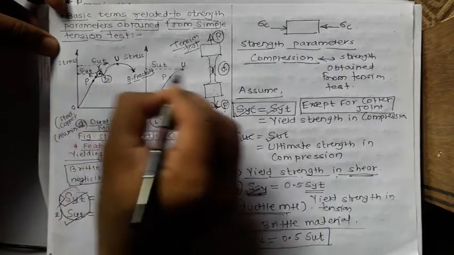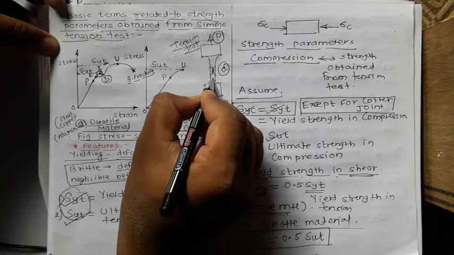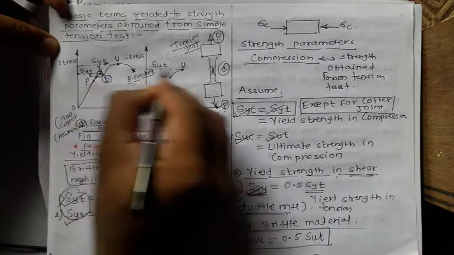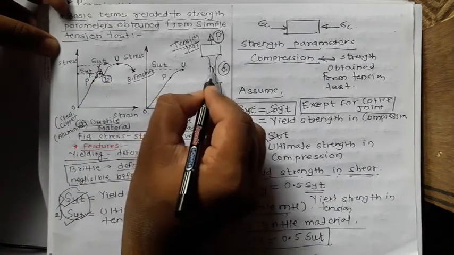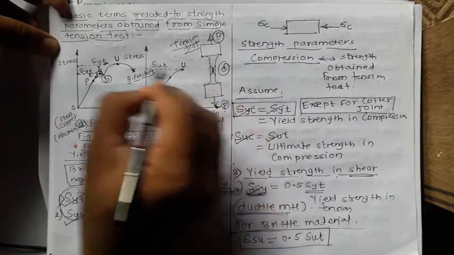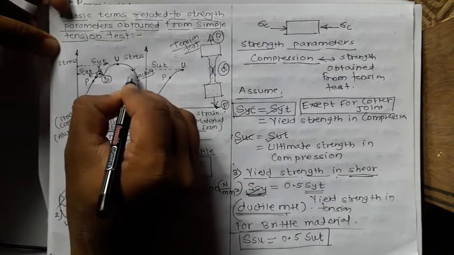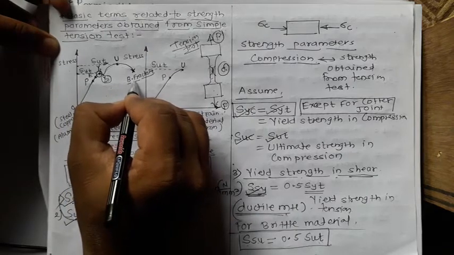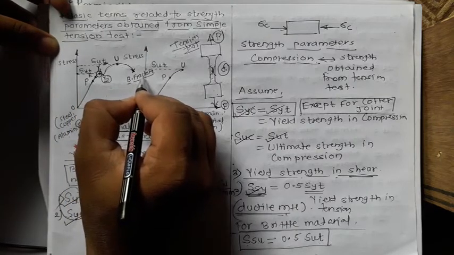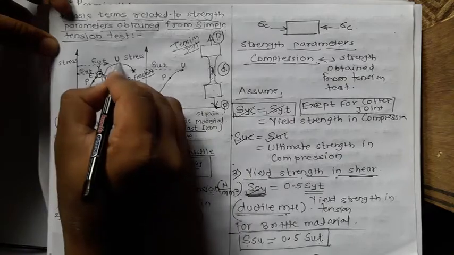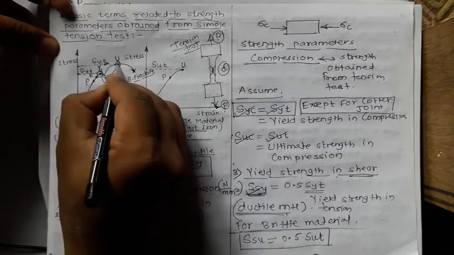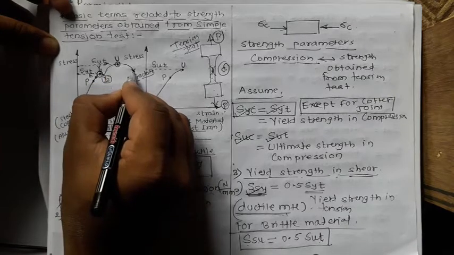When the induced stress in the specimen reaches the ultimate stress, SUT, the neck is formed in the specimen, and beyond this ultimate stress, if the component is stressed, it will directly get fractured. So there are two types of failures in the ductile material: first is permanent deformation, and then neck formation and permanent breakage.